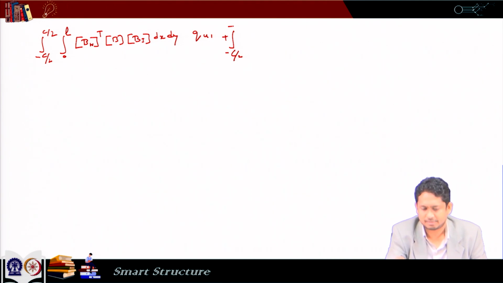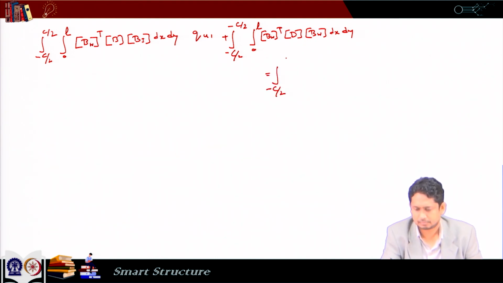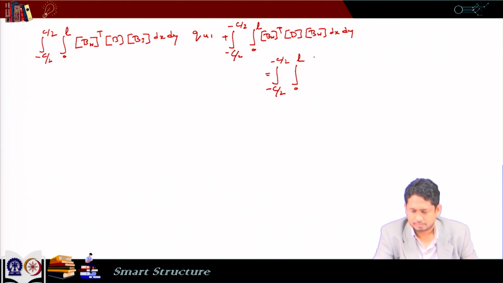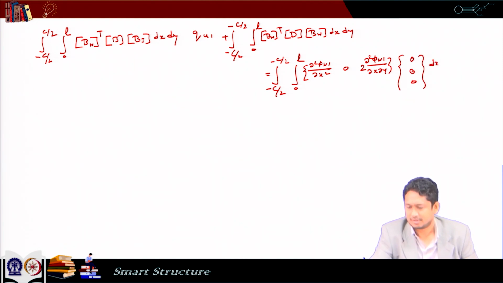Plus minus c by 2 to c by 2, 0 to L, Bw transpose multiplied by D multiplied by Bw dx dy, and then at the right hand side we have del 2 w1 by del x2, 0, 2 phi w1 del x del y, but there is no actuation because the actuation is purely in plane actuation.